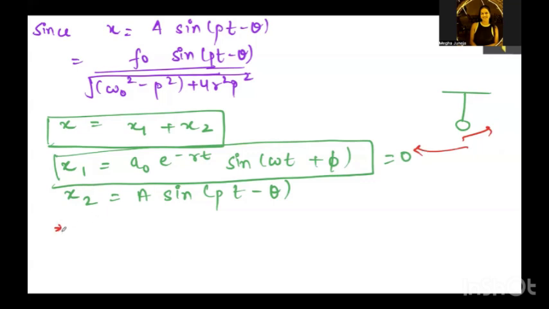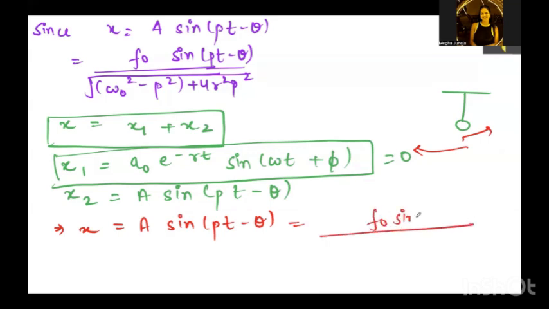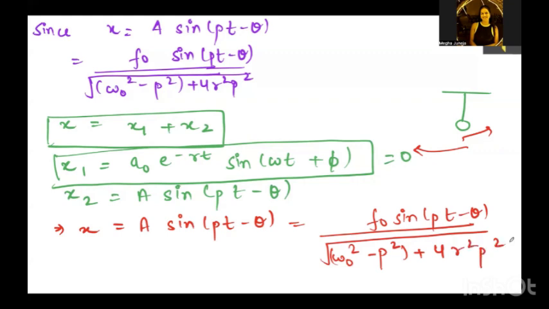So that's why what we can say that x will be equivalent to what? So this x will be equivalent to a sine(pt minus theta), and that will be equivalent to f naught over, and we can say sine(pt minus theta) under root of (omega naught square minus p square) whole square, then plus 4 r square p square, correct? ठीक है, तो this is going to be what?